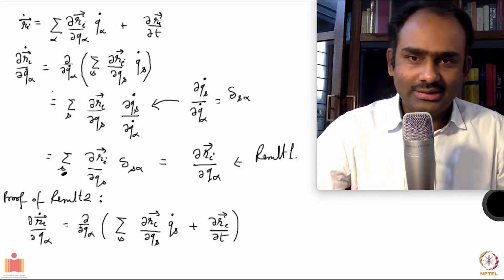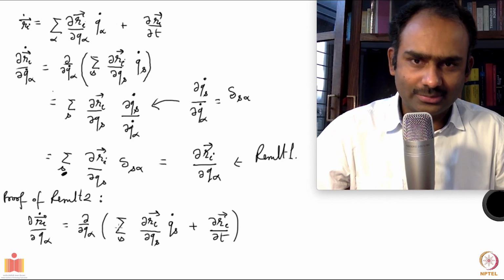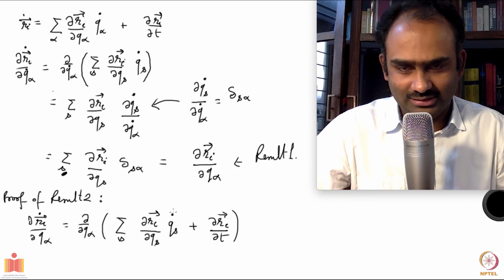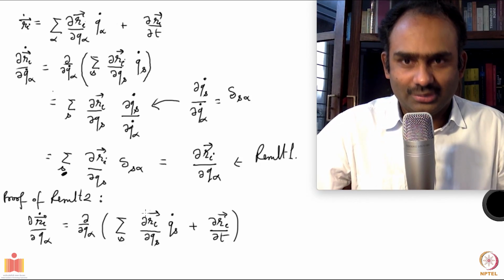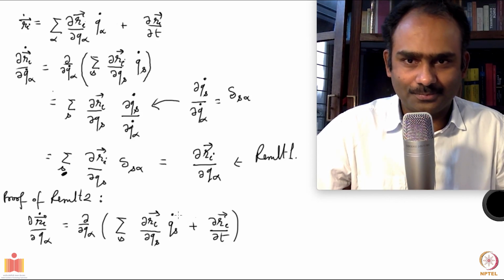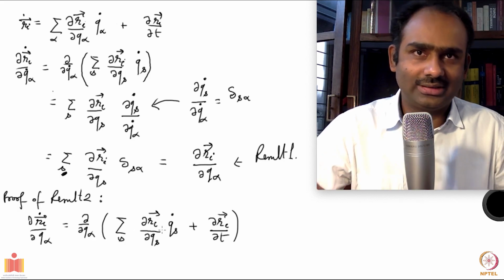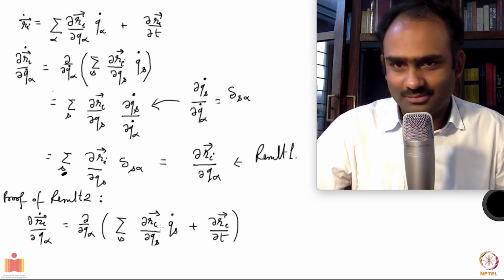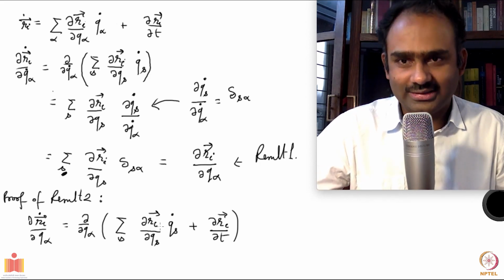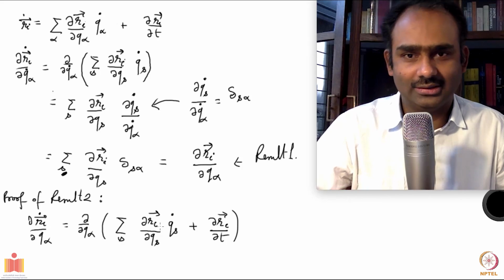Now you see this partial derivative, I can pull through the sigma, of course, and it will act only on this part, because Q S dot is independent of Q alpha. And the del over del Q alpha will also go through the del over del t and work on this one. The del Q alpha and del Q S derivatives I can interchange. They are independent coordinates for different alpha and different S, and when they are the same it anyway doesn't matter in which order you write.